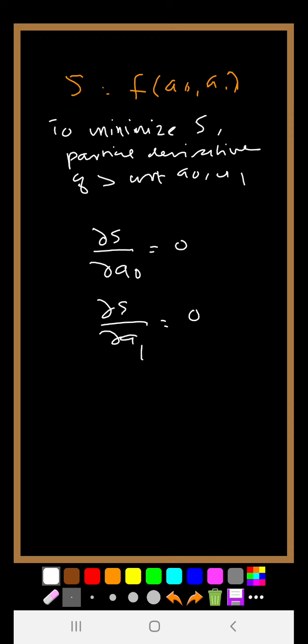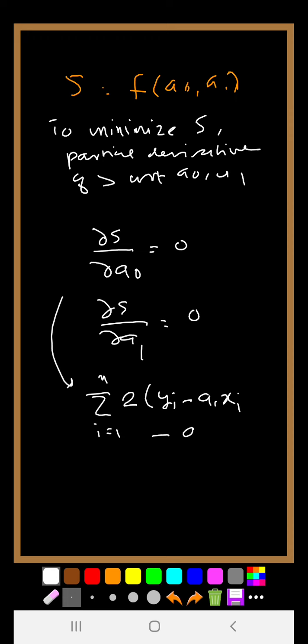In the first case, it will be summation i = 1 to n of 2 (yi - a1 xi - a0) into minus 1 equal to 0.